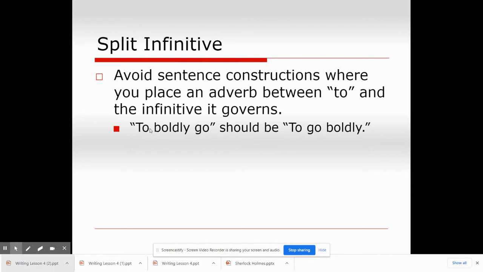To is the preposition here. Go is the verb. The adverb here shouldn't be between the preposition and the verb. Instead, you should write to go boldly. So always just remember if you set something up like this, you don't want to put the adverb in between the to and the infinitive that it governs. So it should say to go boldly.